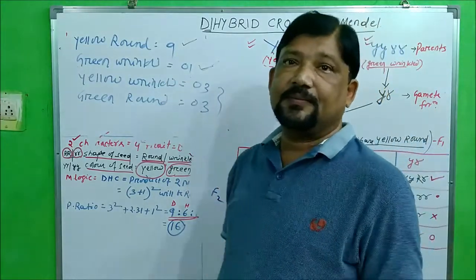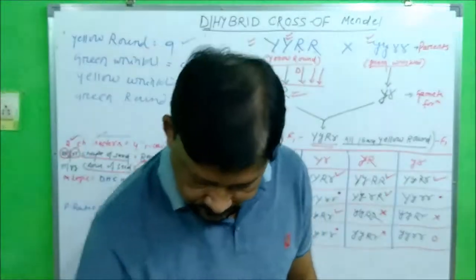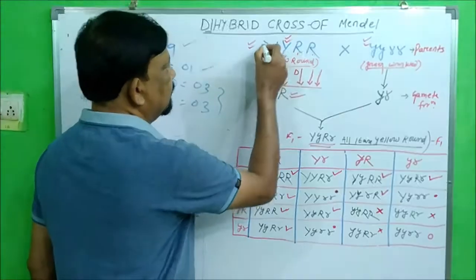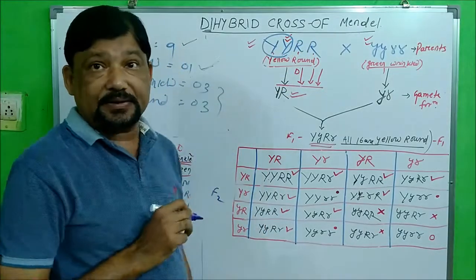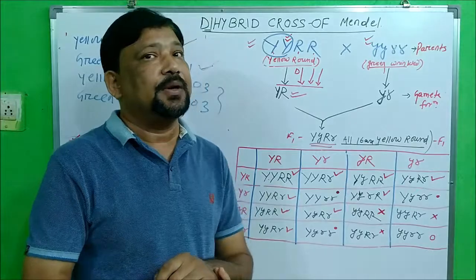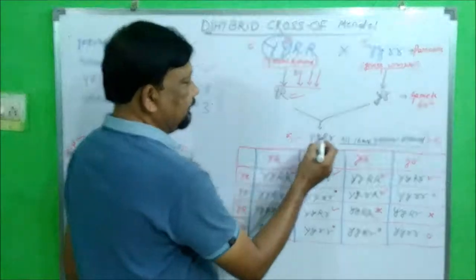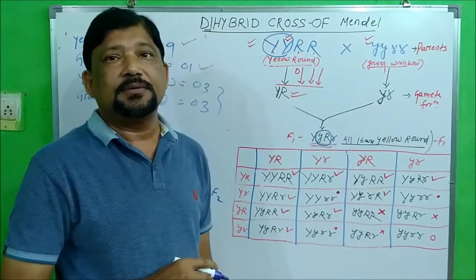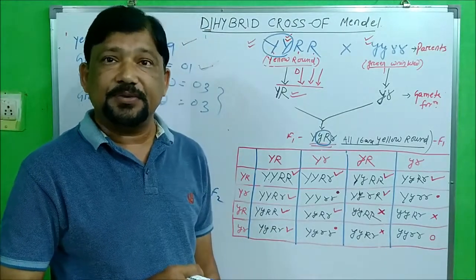It tells that not only do the factors of one character separate from each other as per the third postulate, but also the factors of two different traits separate from each other.